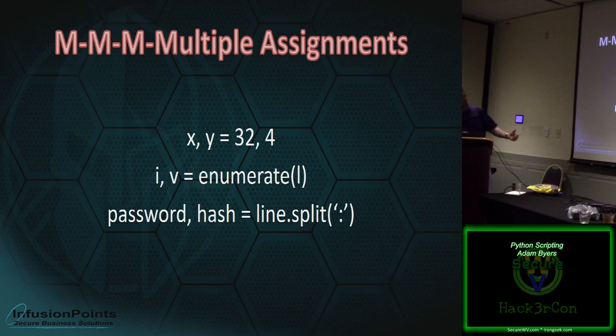So if line contains the string password, a colon, and a hash, you can say line.split on the colon, and you can store the password on the left side, which would go into password, and the hash on the right side, which would go into hash. Does that make sense? Because I kind of explained that earlier. That'll come in handy when you're parsing out data.